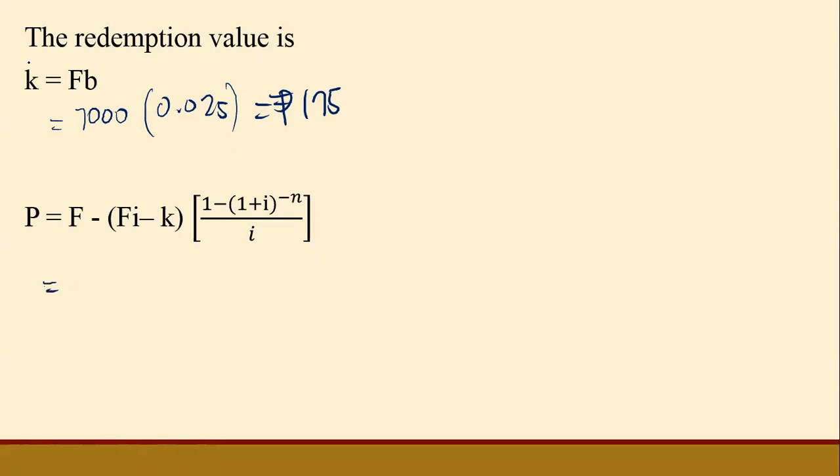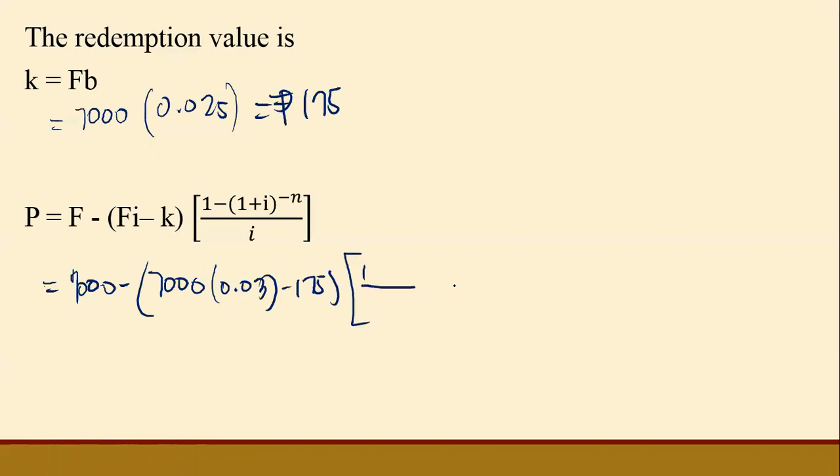So the face value of course is 7,000. So 7,000 times 0.03 minus 175, that's 1. So 1 plus 0.03 raised to negative 12, over 0.03.